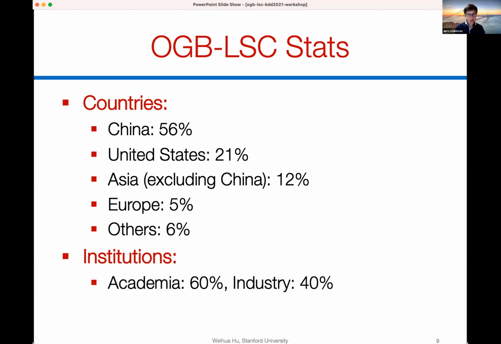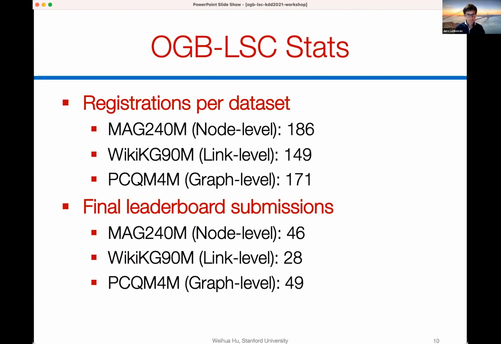So basically Asia, excluding China, Europe and the rest of the world. In terms of teams coming from different institutions, about 60% comes from academia and about 40% comes from industry, which is also a very nice balance.